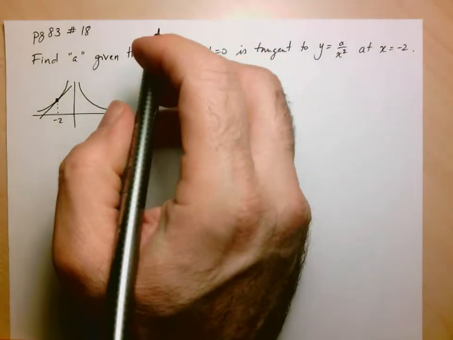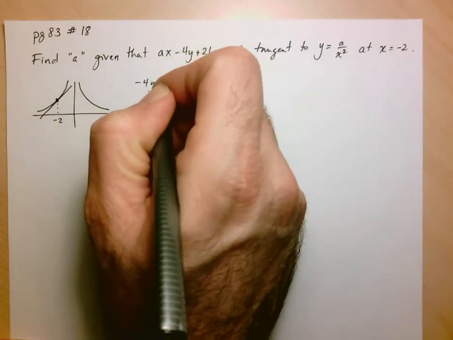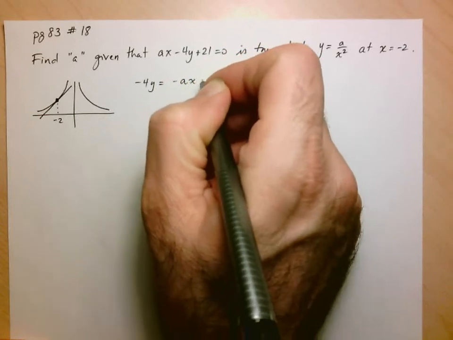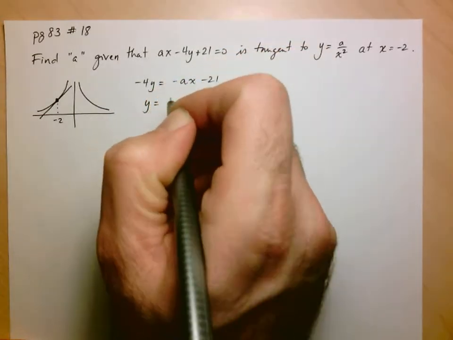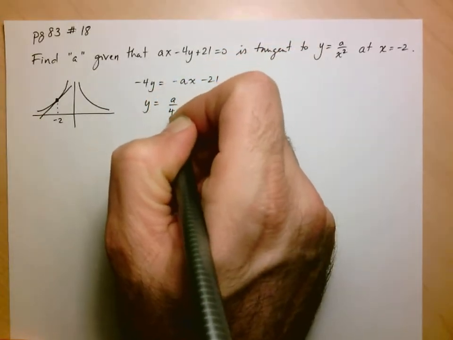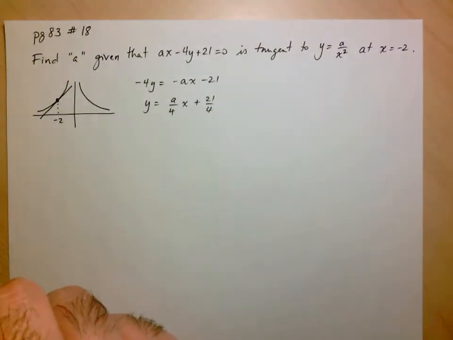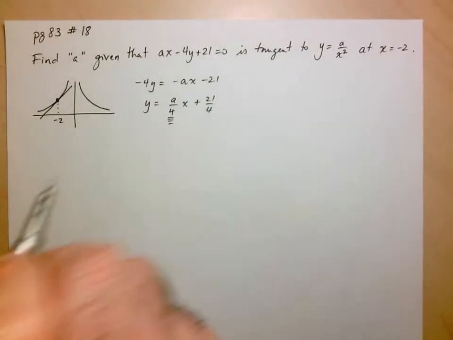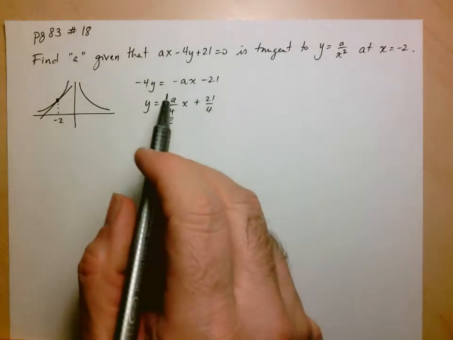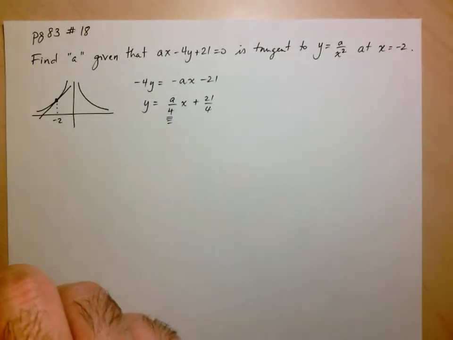So we have negative 4y equals negative ax minus 21, so y is equal to a over 4 times x plus 21 over 4. What I'm really interested in is that the slope of this line is equal to a over 4.